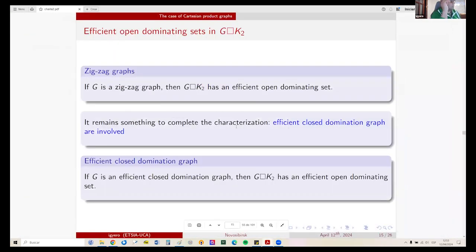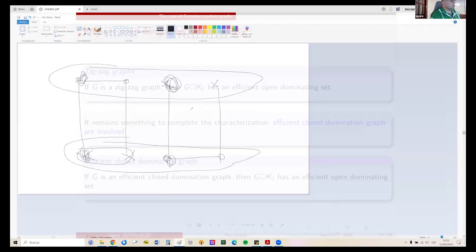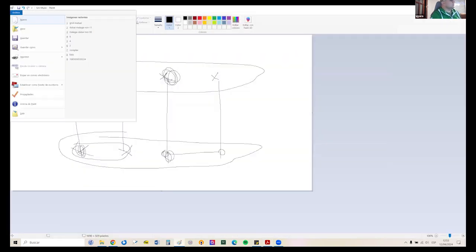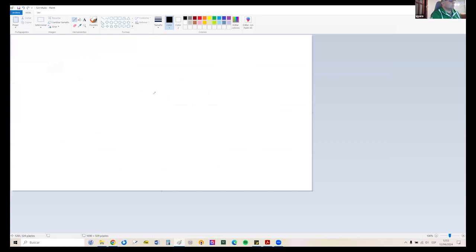When we have a graph G which has an efficient closed dominating set, then the Cartesian product with K2 also has an efficient open dominating set. If I take one graph, I have one efficient closed dominating set. It has some neighbors.